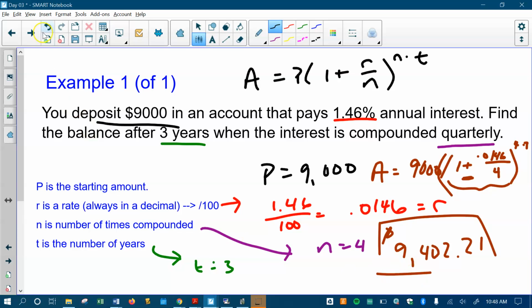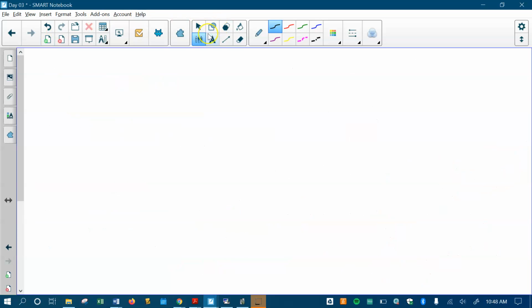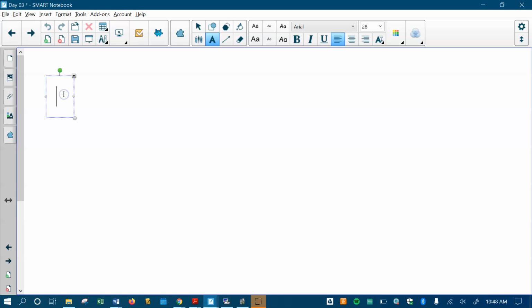Before I finish up here, I want to remind you of these words. The number of times you can compound and break down that interest: annually means N is equal to 1.